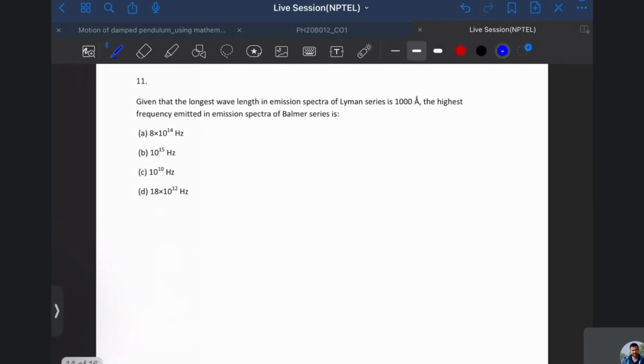Let me go to the last problem. Now this problem is a little bit involved. So let's read it first.